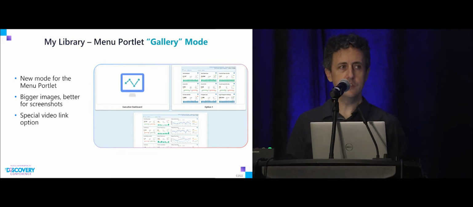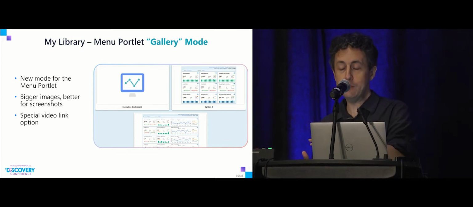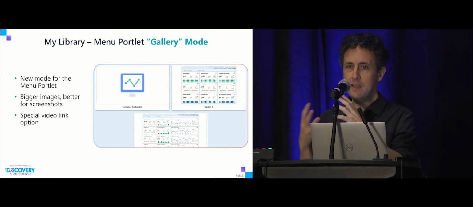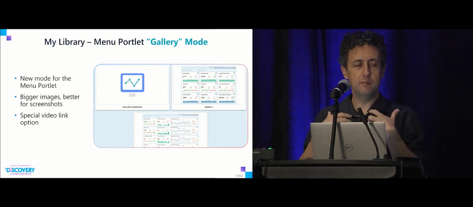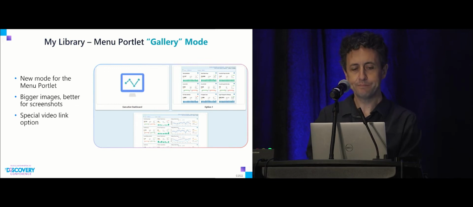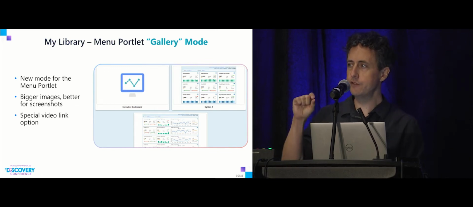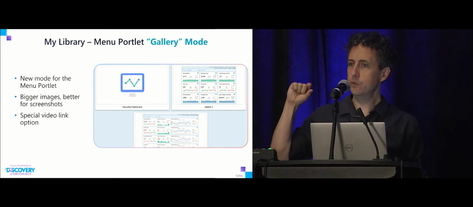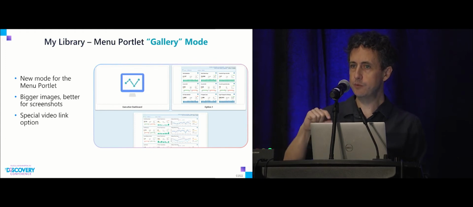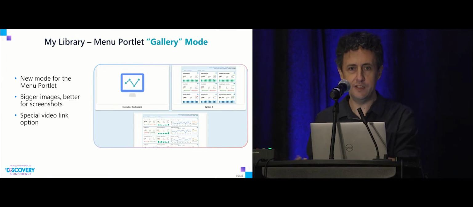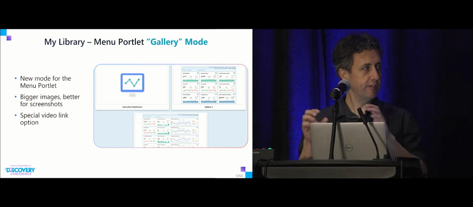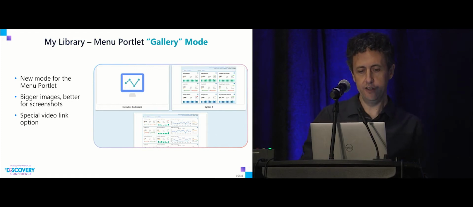A new feature in 7.2 is that the menu portlet now has a gallery mode, where the main difference is just that the buttons are much bigger, but that gives you room to put a big screenshot in so that people can see it. It also has an option for a video link, which is something that we're experimenting with, which I think helps with onboarding users or helping users to learn what they can do on a certain page. So you make a little video link, you have an embedded video, and the user can click there and see that.